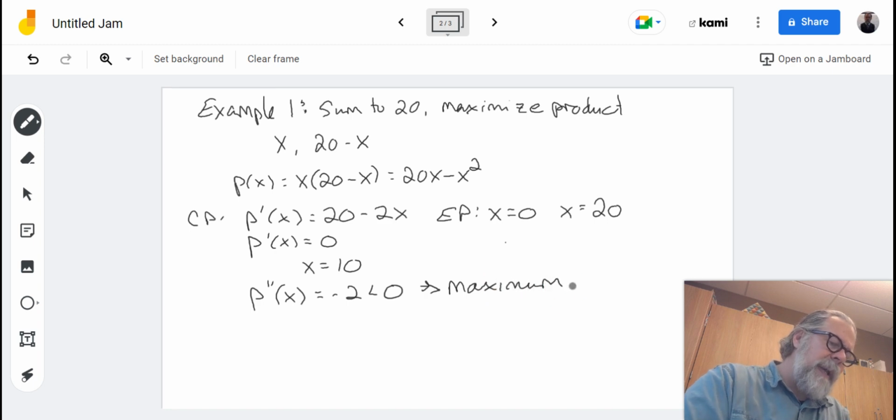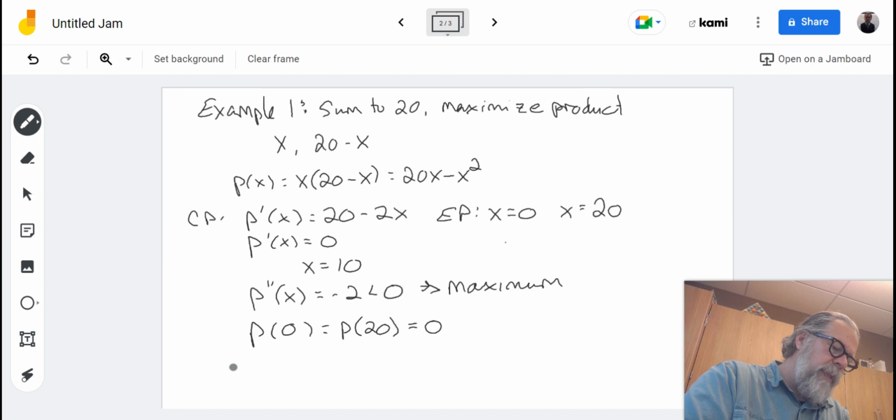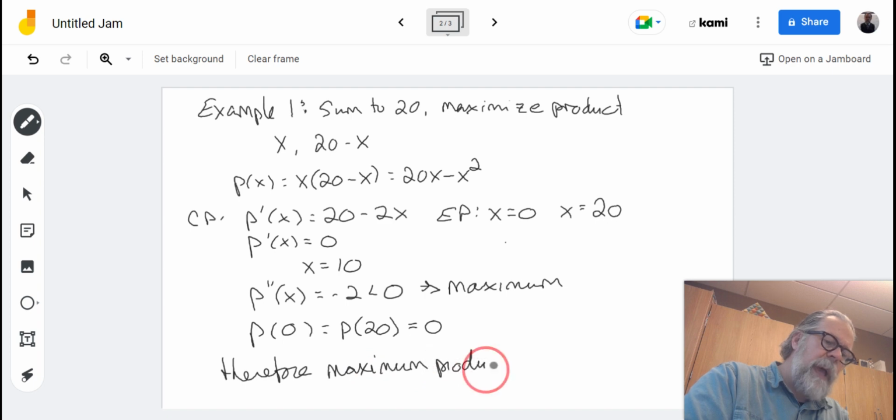And we can very easily check that p of 0 is equal to p of 20, which is equal to 0. Therefore, our maximum product occurs at x equals 10.